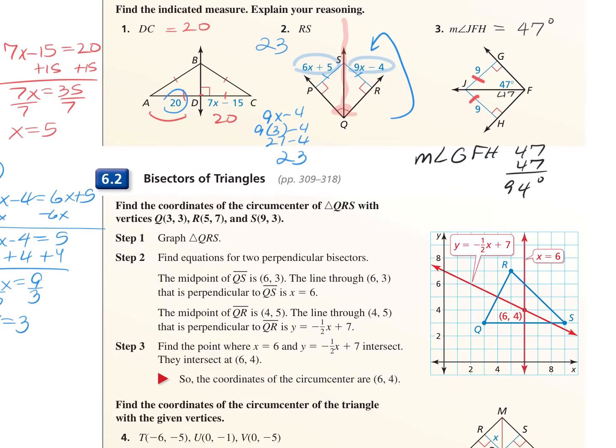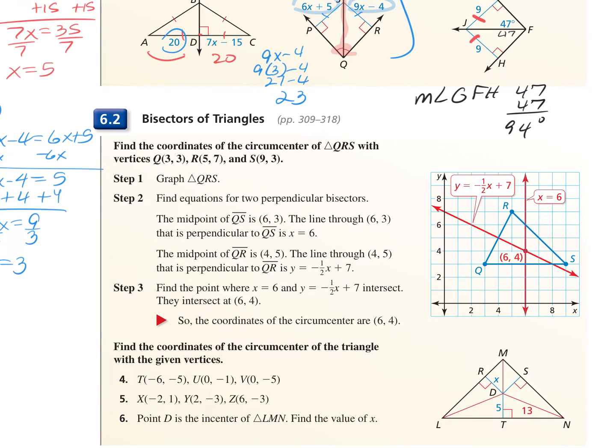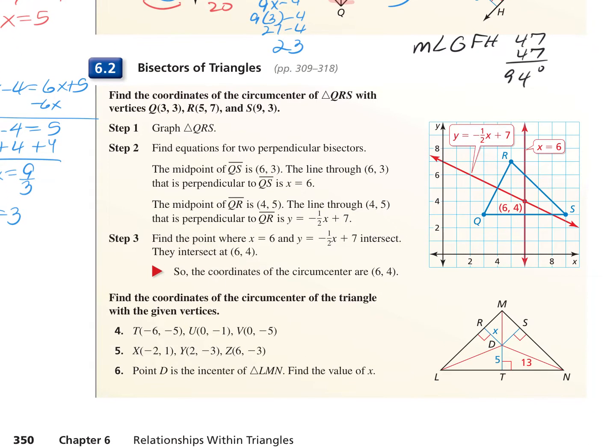So be very careful of what the question is asking you to find. Then for number 4, this is where we learned about the points of concurrency. Now, when you were working on this in class on Wednesday, I told you that after you graph the 3 ordered pairs, if it created a right triangle, then I wanted you to find the circumcenter.